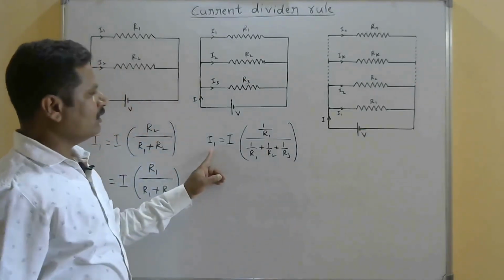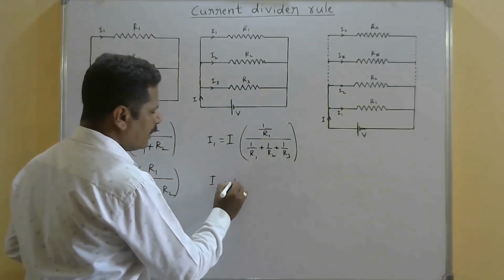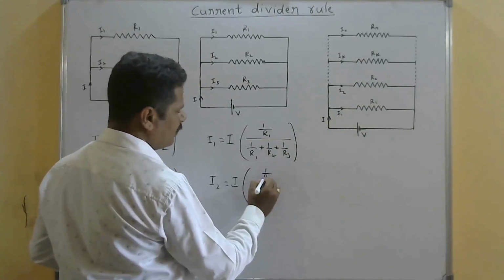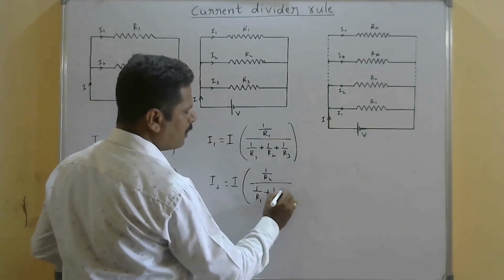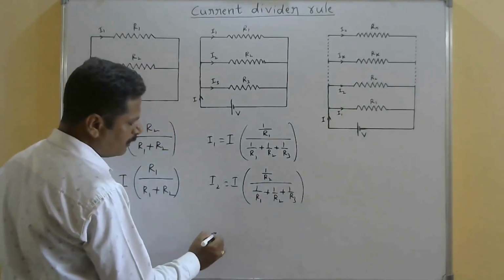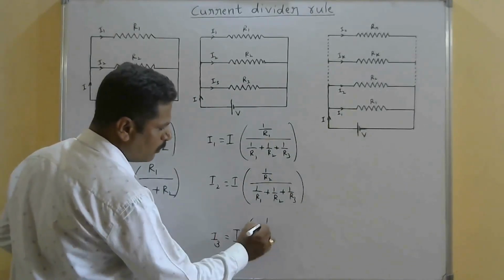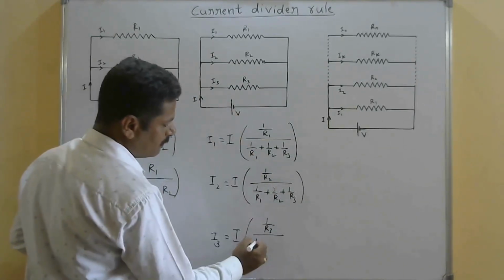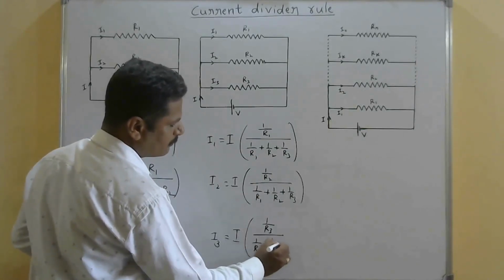In the same manner, I2 equals the total current times 1 by R2 divided by the same sum. And I3 equals the total current times 1 upon R3 divided by the sum of the reciprocals of all resistances.